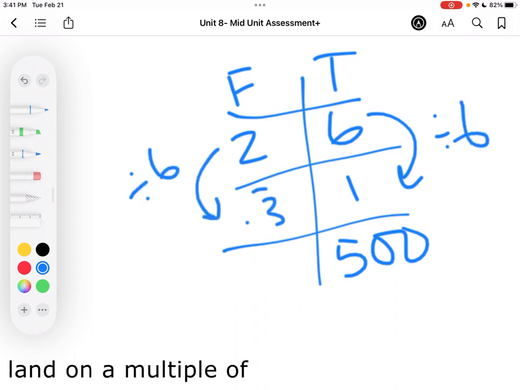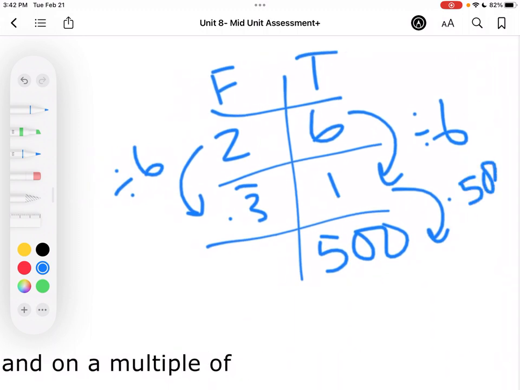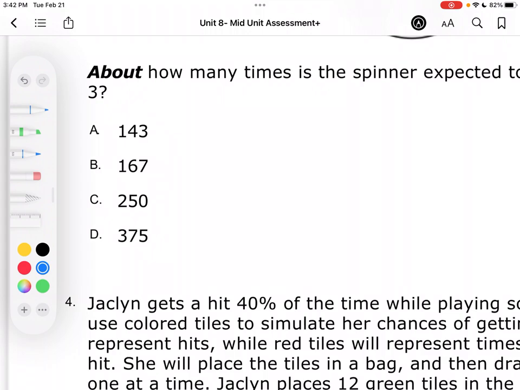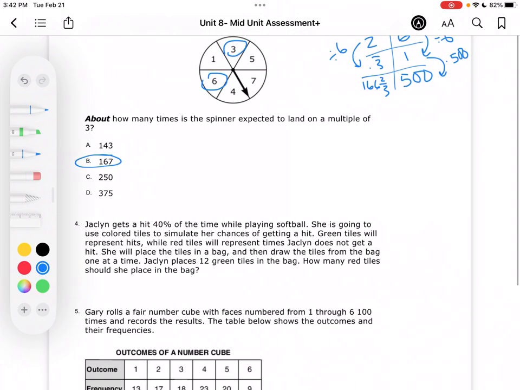I'm going to get 0.3 repeating times 500. So in my calculator, I'm doing 0.3 repeating times 500, and I get 166 2/3. So it says which one would be the most likely? It would have been B.